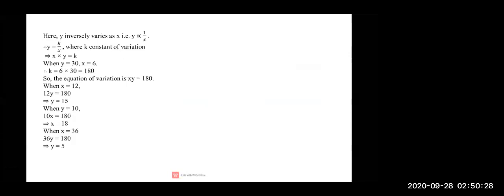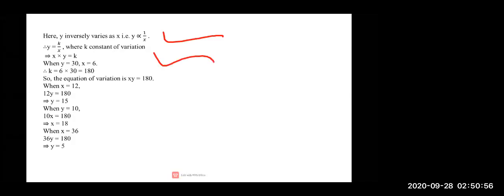Now here what will you write? Y inversely varies to x. Now y is inversely varying to x. That means y varies as 1 upon x. See here, y is inversely varying to x, so we will write y varies as 1 upon x.